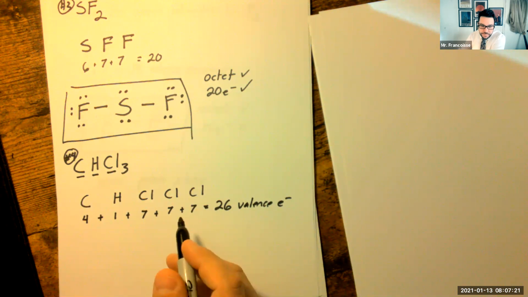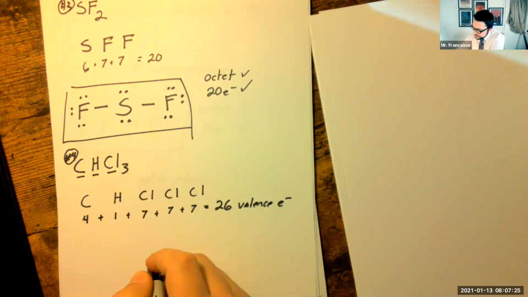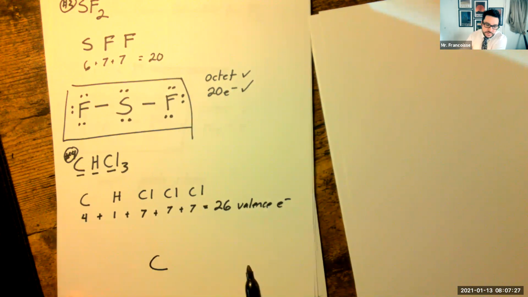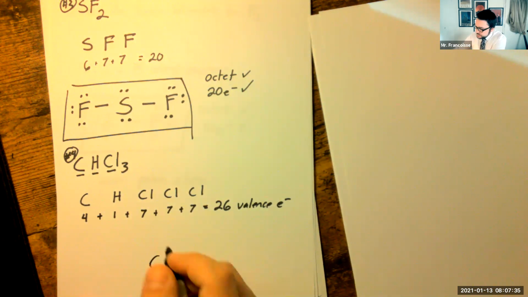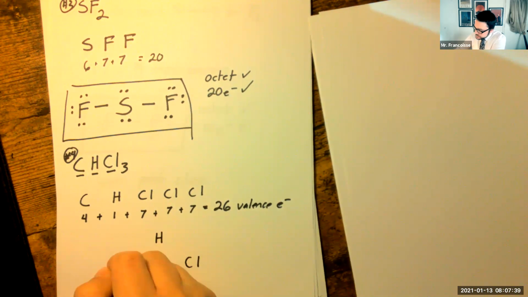Cool. So when we go through to draw this out, we're going to start with carbon in the center. We're going to see this a lot. Carbon likes to be in the center. It likes to make 4 bonds. So we're going to put carbon in the center and we're going to surround it with the other elements. It doesn't matter on which side you put this.